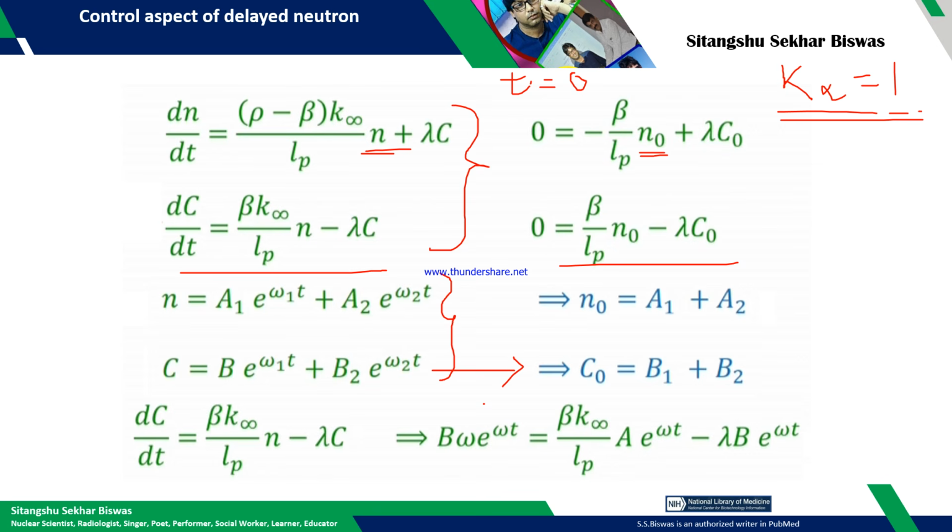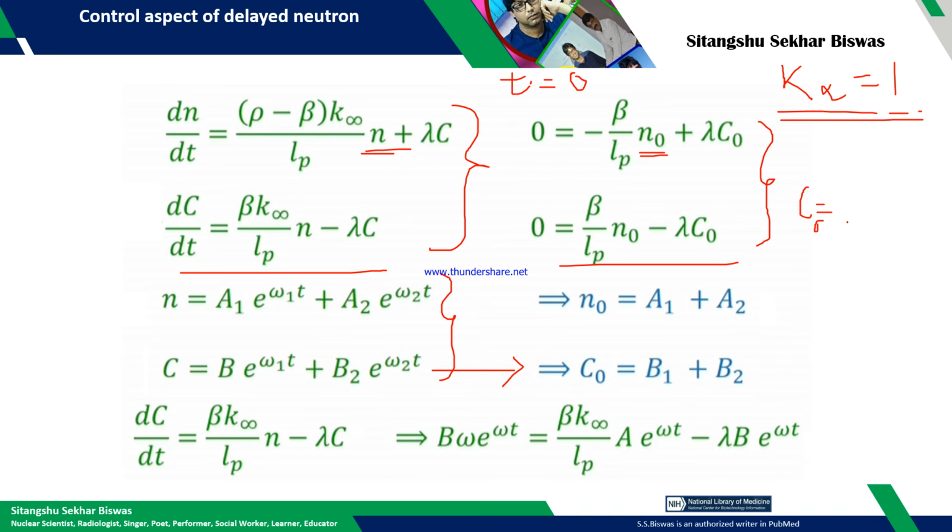Okay. And now from these two equations, you see these two equations are more or less the same. So here we can find out the value of C0 in terms of N0.